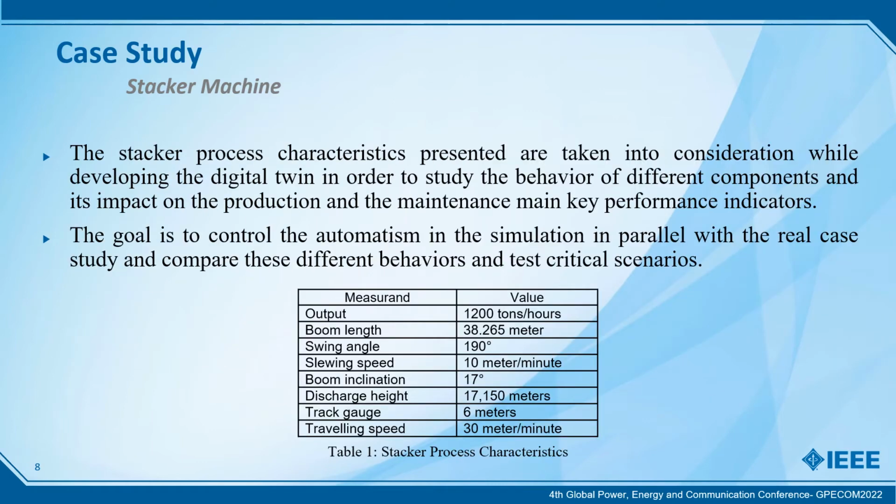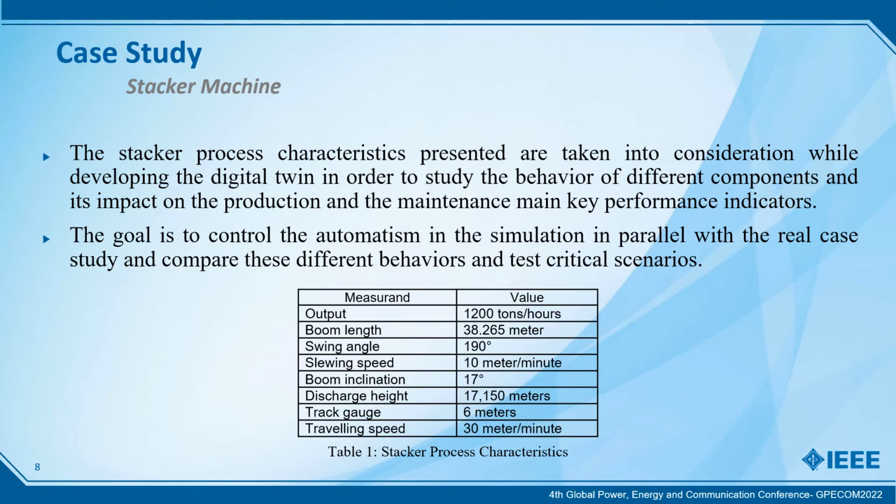The stacker process characteristics presented are taken into consideration while developing the digital twin in order to study the behavior of different components and their impact on the production and the main maintenance key performance indicator, maintenance KPI.